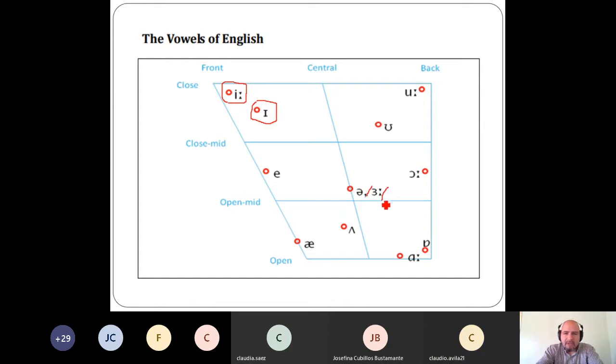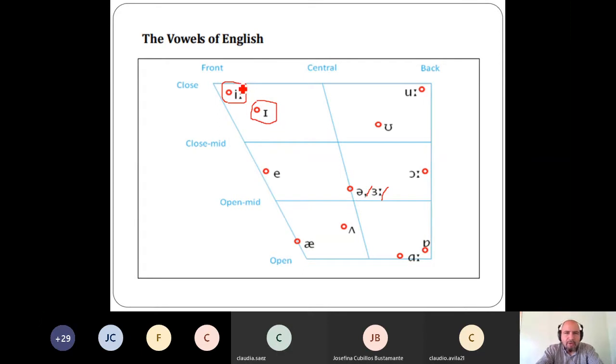That some sounds do not exist in Spanish, and some sounds are very similar, but they are not exactly the same.